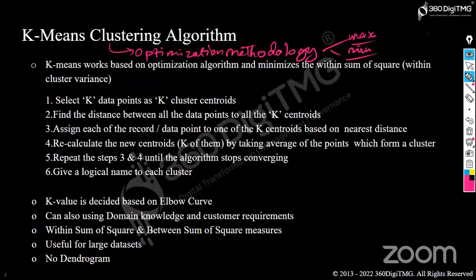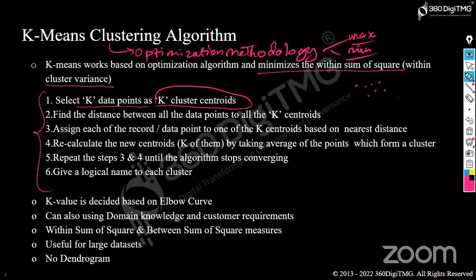Here we minimize the within-cluster sum of squares, within the cluster variance. Sum of squares is nothing but cluster variance. I'll tell you what that is. The steps involved in the k-means clustering algorithm start with selecting k data points as k cluster centroids. Let's say, for example, the data has been divided and given like this.